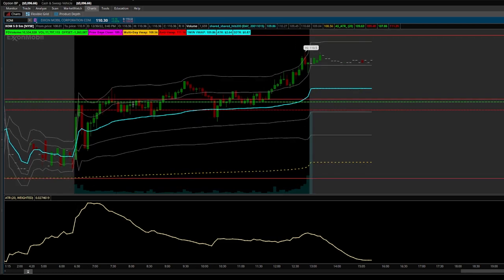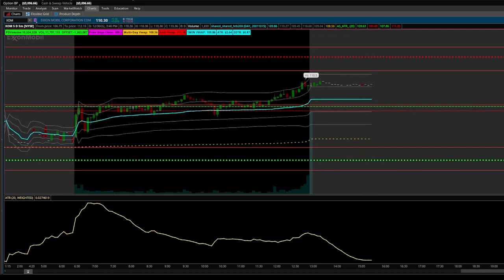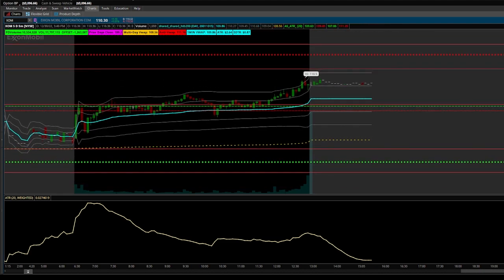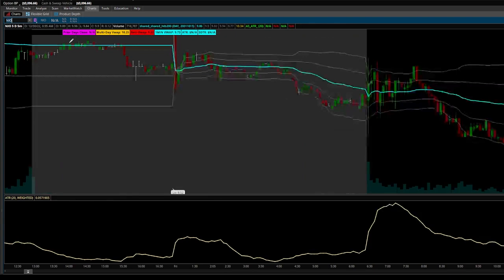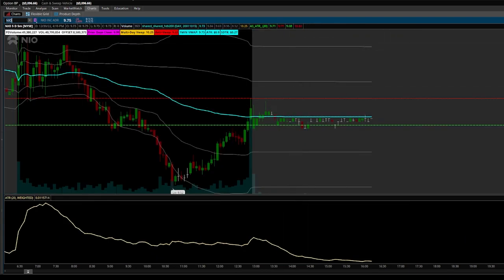How I like to play this is as price targets, and it also gives me an indication of a range. For example, if the low is in for the day, like if we look at NEO, I see NEO had a big reverse.